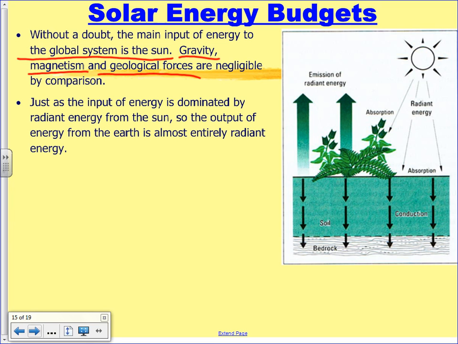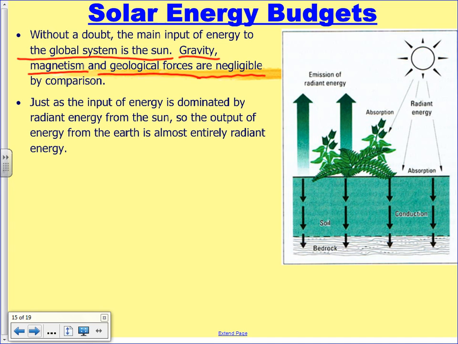Now, what about us as human beings? Do we use gravity, magnetism, and geological forces for energy? A little bit. We have good technology. We use gravity a little bit because in some places we use tidal power, which is a lot like wind power. They put turbines in areas where the ocean moves in and out a lot, and that's because of gravity.